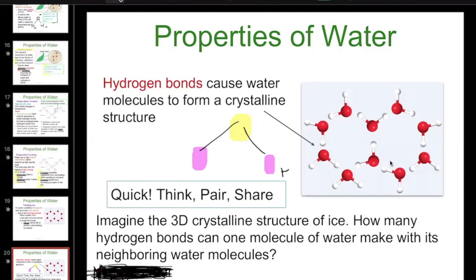This has got a slightly positive, that's a slightly positive, this is slightly negative because there's two unshared pairs here. So how many hydrogen bonds can it form? One water molecule can hydrogen bond with how many other water molecules? What do you think? Take a minute, sketch it out. Don't just guess, think about it. How many bonds do you think it can make?